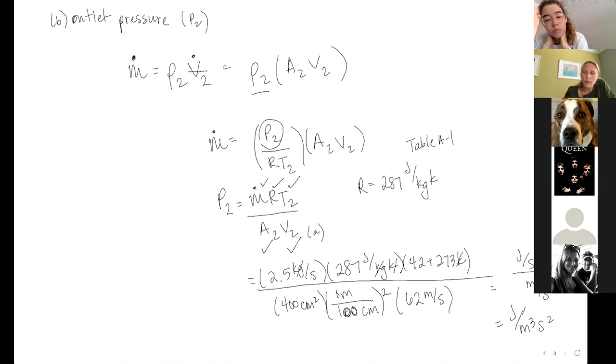Yes, you're right. So the seconds cancel and it's joules per cubic meter. That's energy per volume.